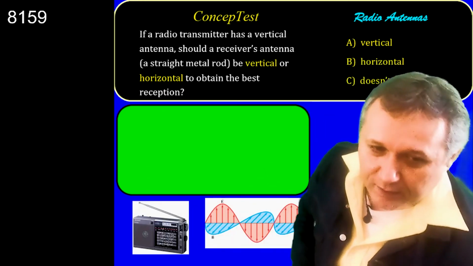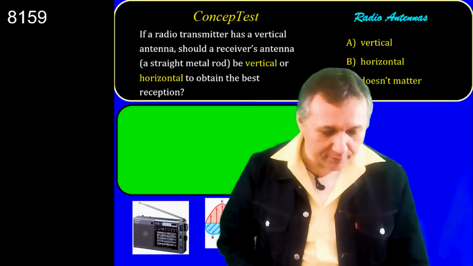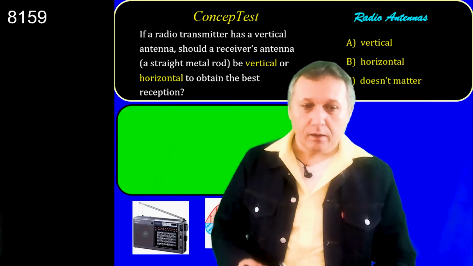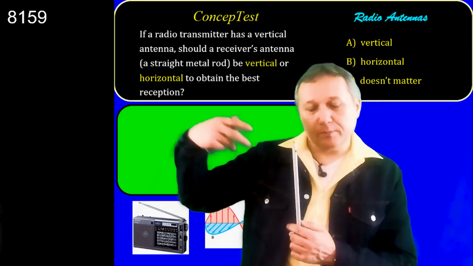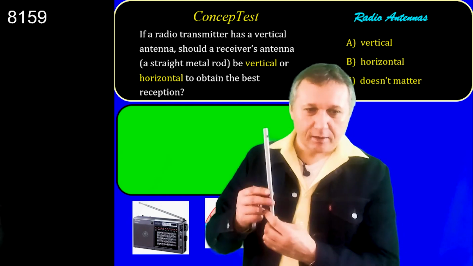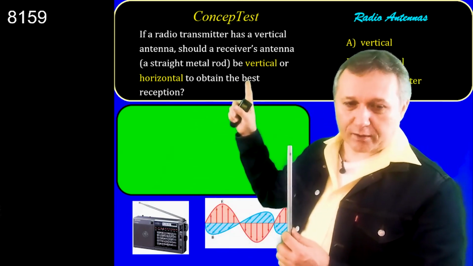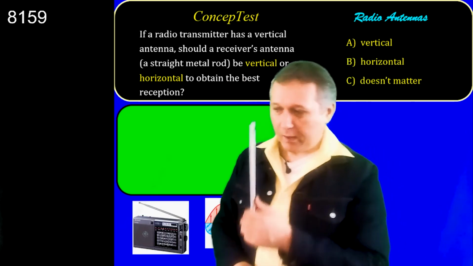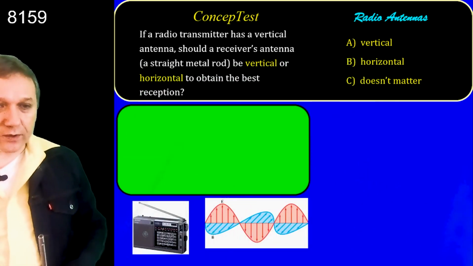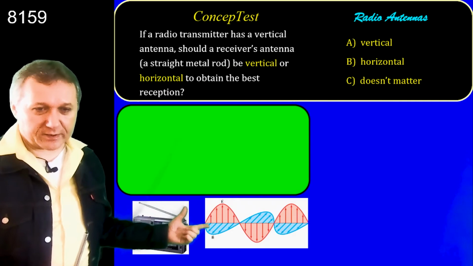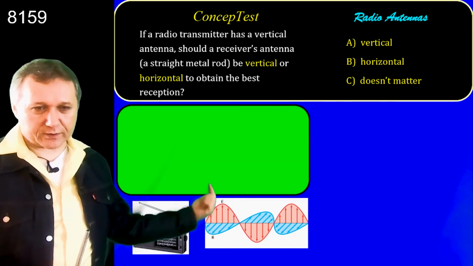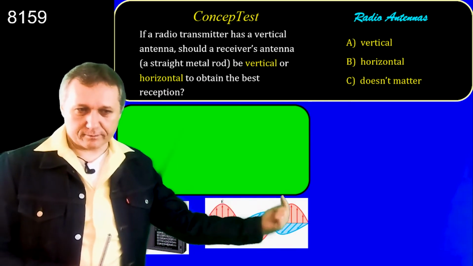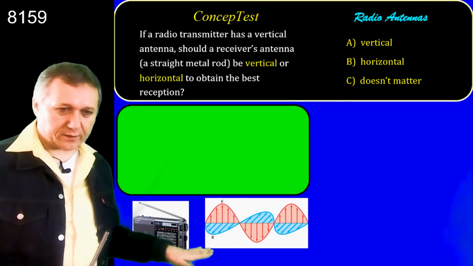So let's assume that a radio wave is generated by a radio transmitter antenna, basically, and you see it's written straight metal rod, which is vertically positioned. And it generates this electromagnetic wave. The electric field, you see, oscillates in the vertical direction. The magnetic field oscillates in the horizontal direction.